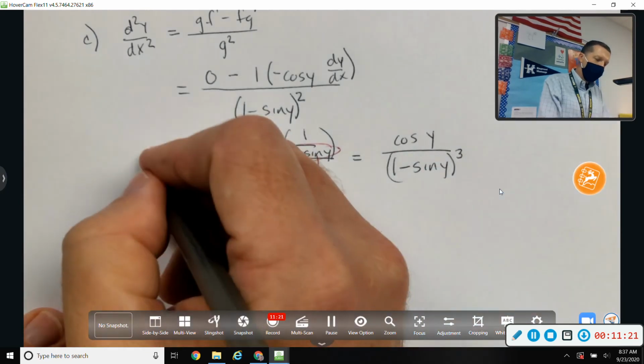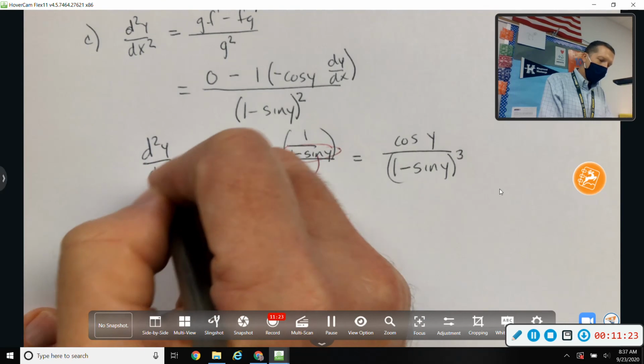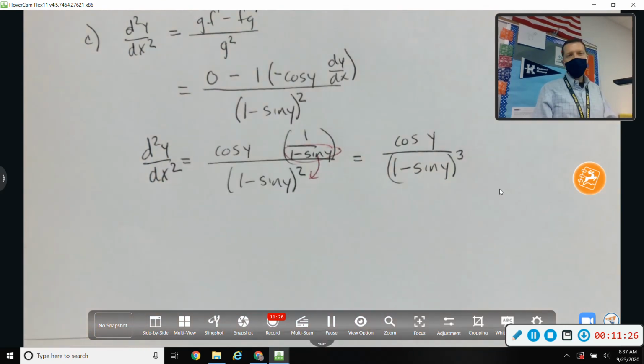Cosine y over (1 minus sine of y) cubed. All right, again, more answers to those are posted in Schoology with work shown. So hopefully you can follow them along there.